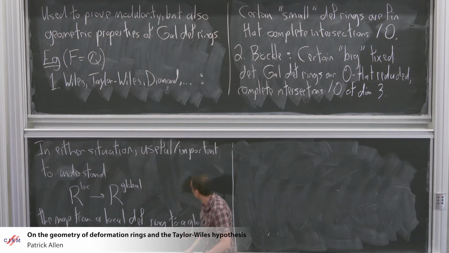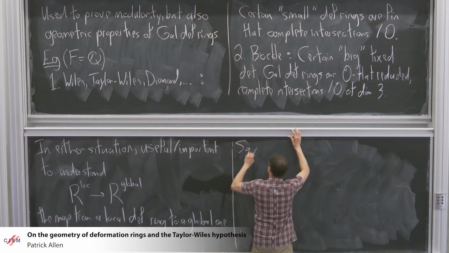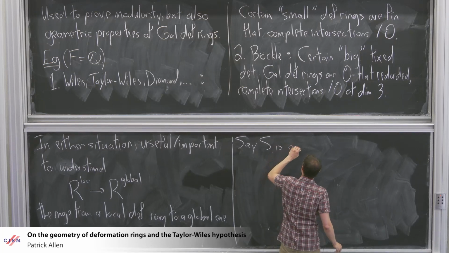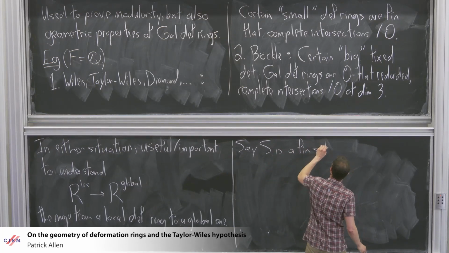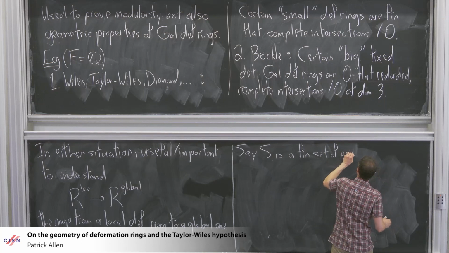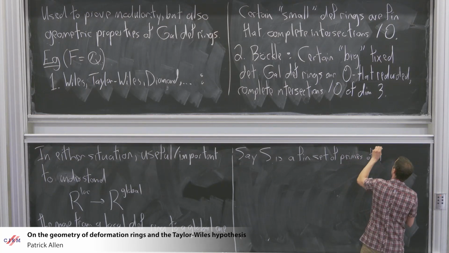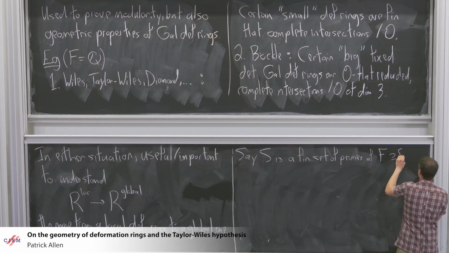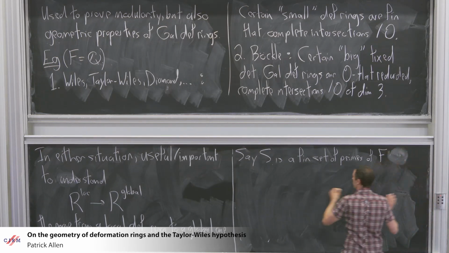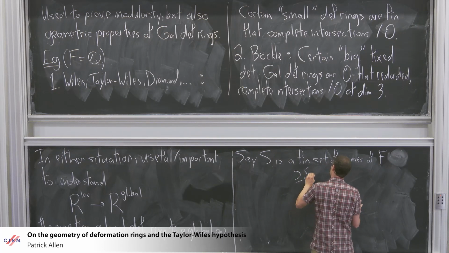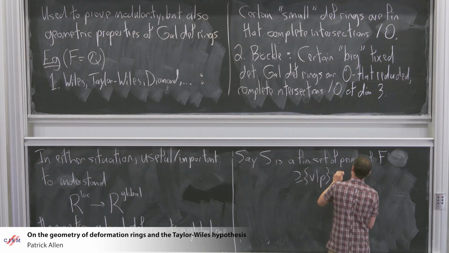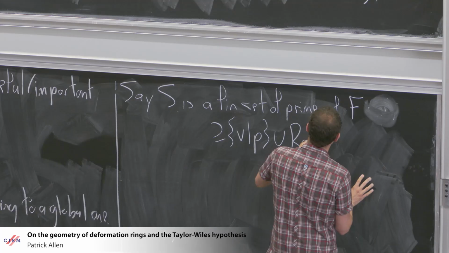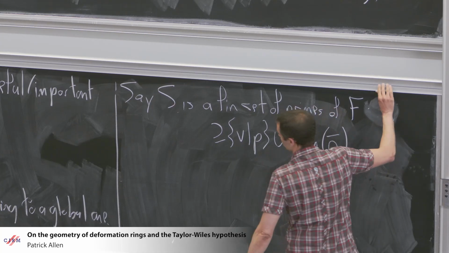Okay, so say S is a finite set of primes of F containing the set of all primes dividing p, and also the ramification set of our rho bar.